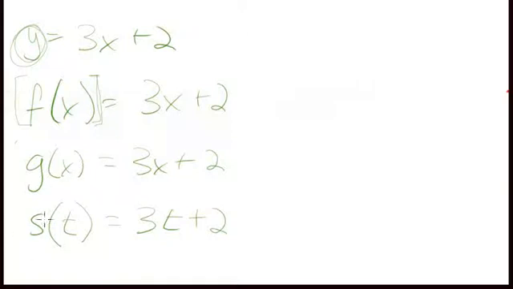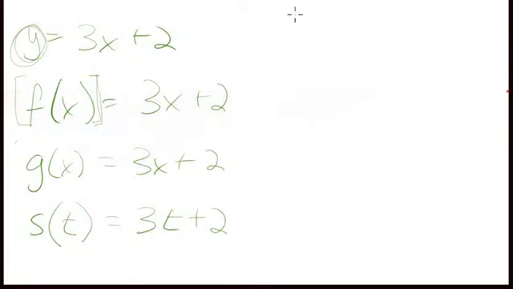For this one, the function is called s, and I put in numbers for the variable t. And this t could stand for time, and that's why we use t. That's what happens with functions: you start using letters that help you remember what's going on.